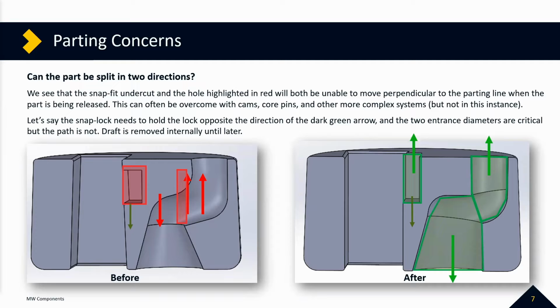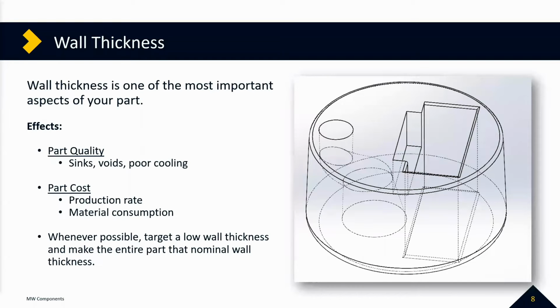So from here, now we've allowed our part to actually part from the mold. We're going to be looking at wall thickness. Wall thickness is more or less coring out your part.